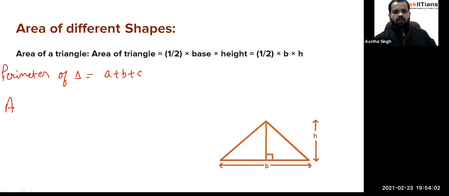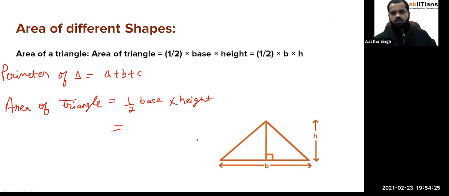Now comes area. The area of a triangle is equal to half base into height, right?